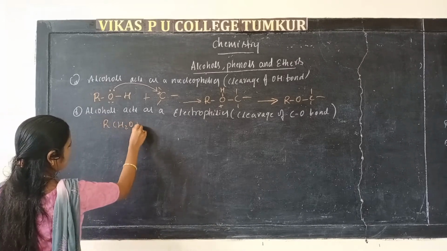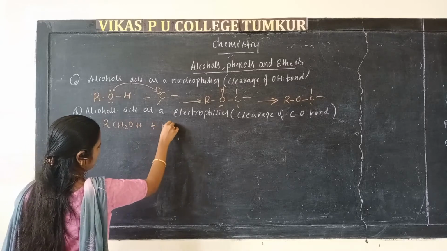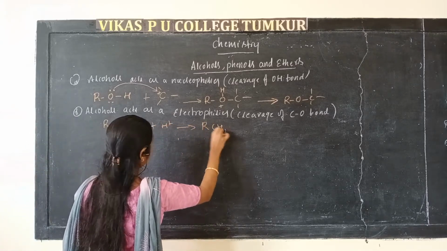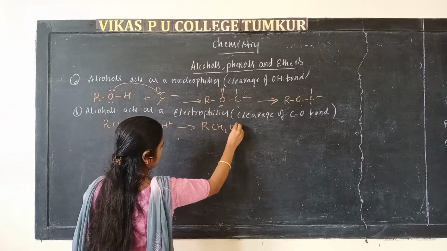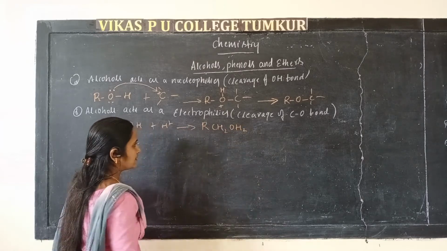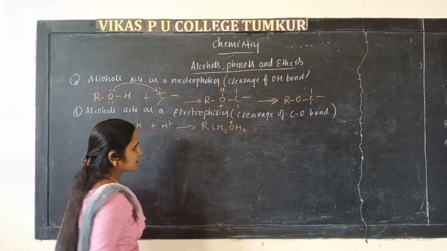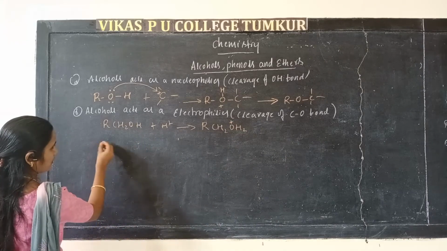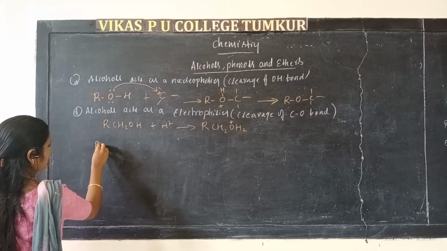RCH2OH. This is going to be protonated, and we get an addition product, that is OH twice. This is the electrophile, and there is a nucleophile.